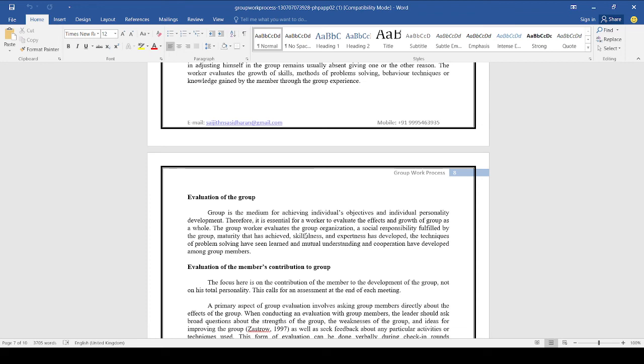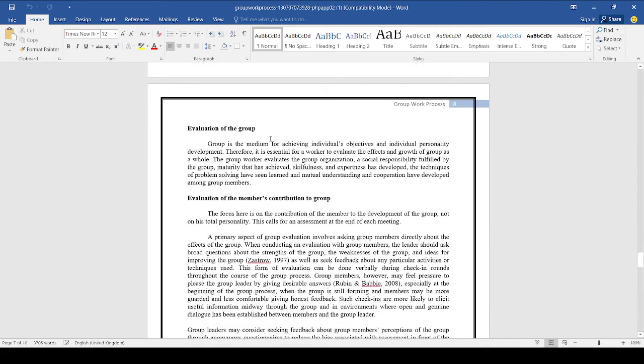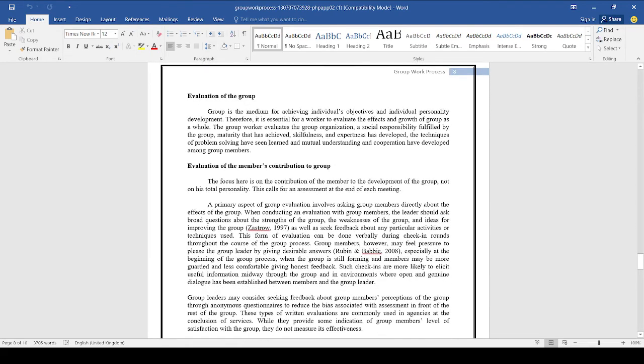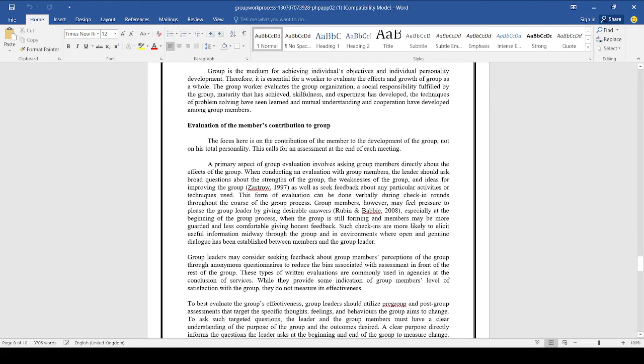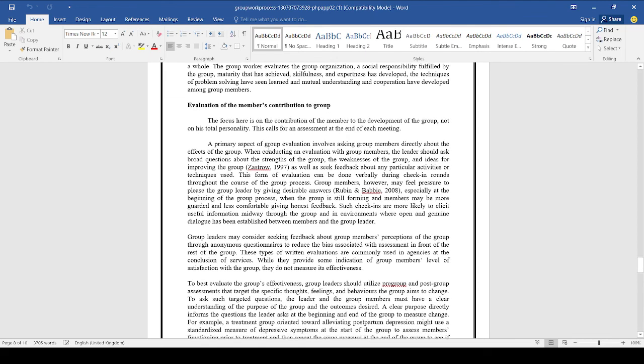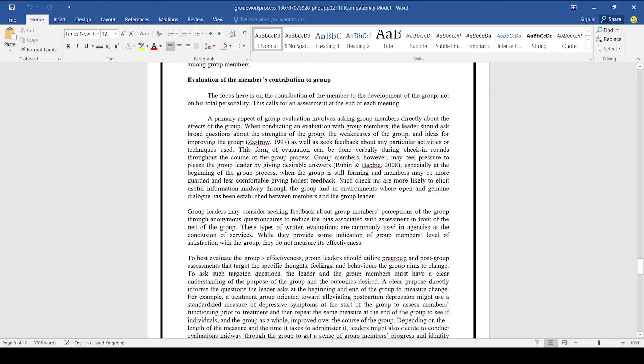Especially as a group, we can evaluate these things. And the next part of evaluation is members' contribution to the group: the contributions made by each individual member to the group process to attain the group goal, along with the attainment of their individual goals.